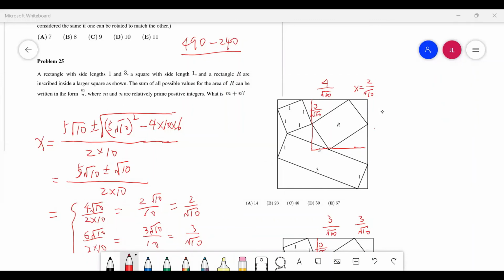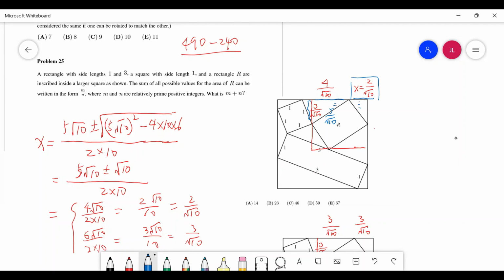Okay, then go back to the diagram we show here. So this x equal to 2 over square root 10. Then we can find this piece is 4 over square root 10, right? So we know this part is 3 over square root 10. This is just a 3, 4, 5 right triangle. Easy to find this length is going to be 5 over square root 10, right? So if you look at here, this is 2 square root 10. That's also a 3, 4, 5 triangle. So this is the short side.